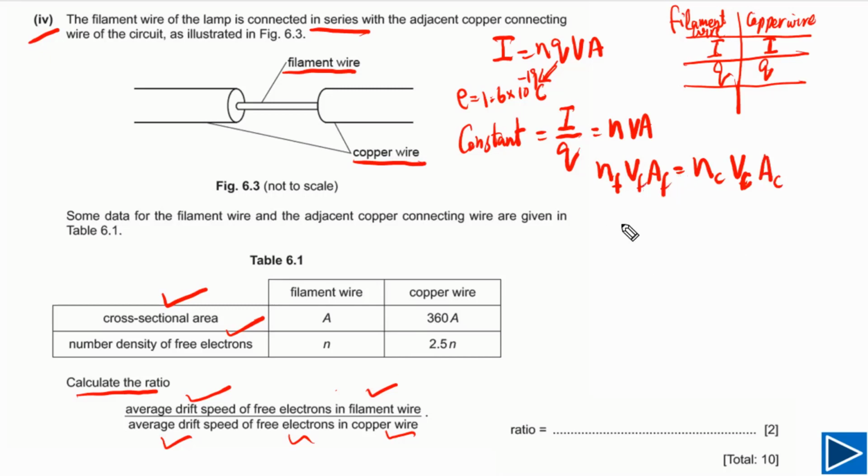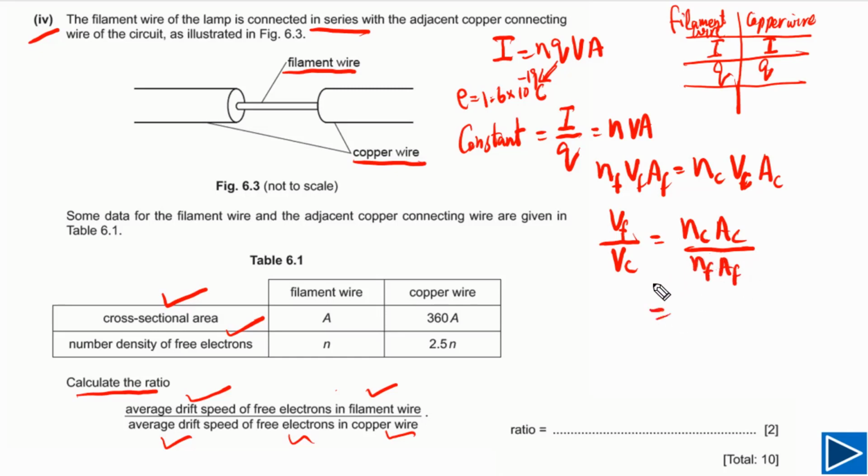But the question is asking for the ratio between the drift speed in the filament wire over the drift speed of free electrons in the copper wire. So we just rearrange this, and we can say this is NC AC divided by NF times AF.